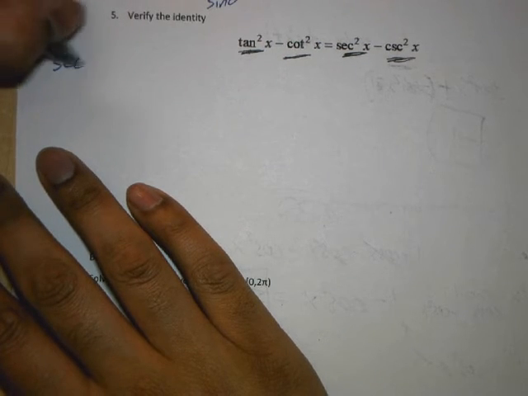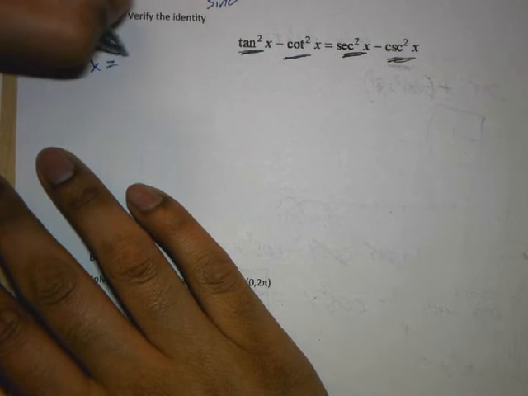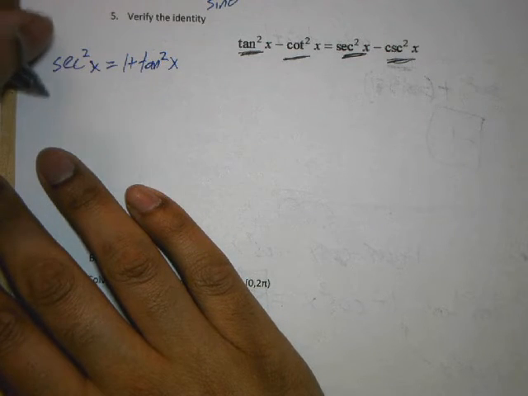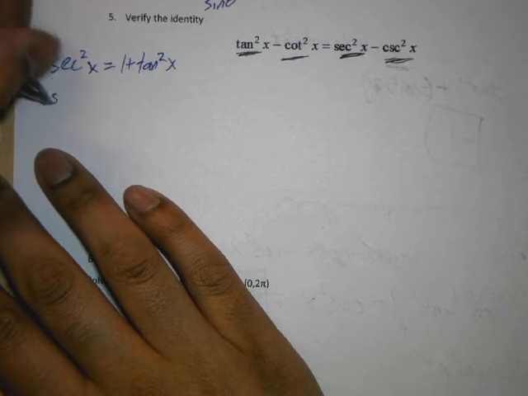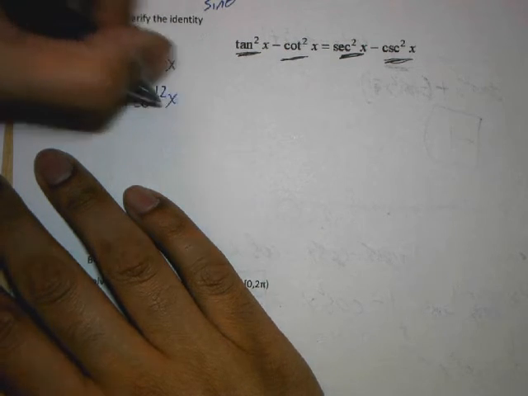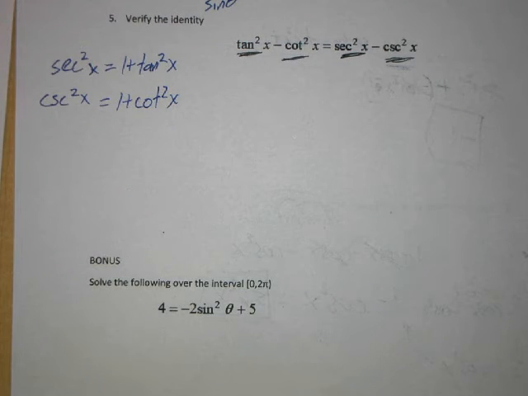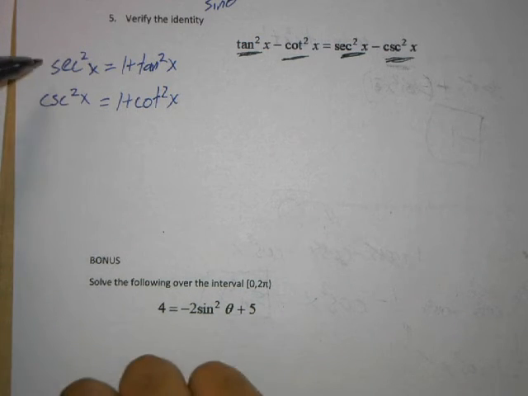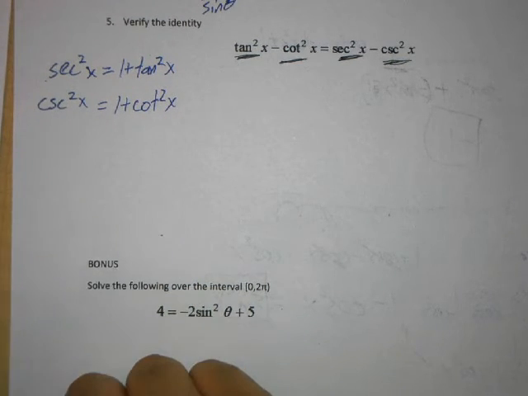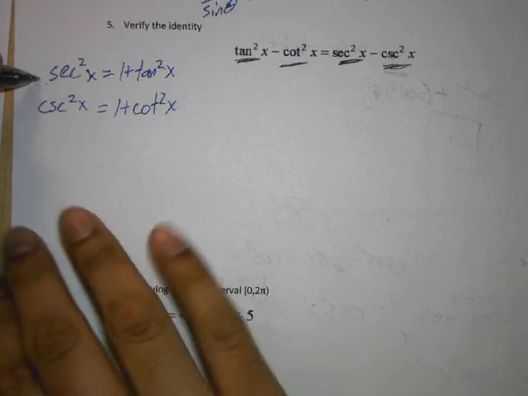Secant squared x equals 1 plus tangent squared x, and cosecant squared x equals 1 plus cotangent squared x. Both pretty much the same thing. Let's put it together by plugging in for one of these useful ones. I'm going to start with this first one again.